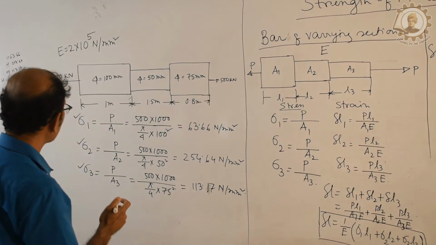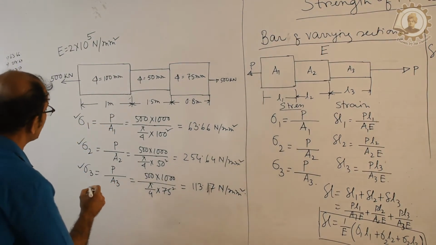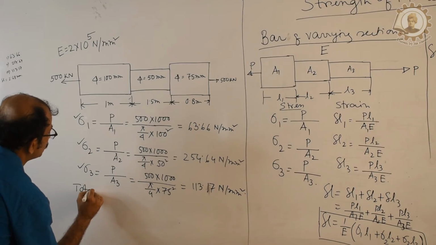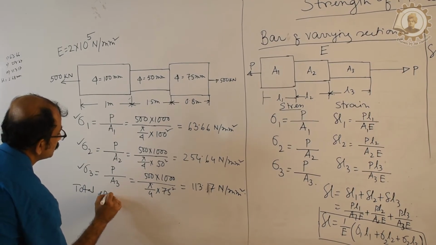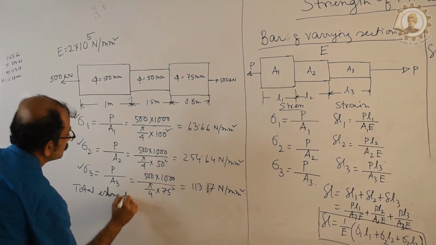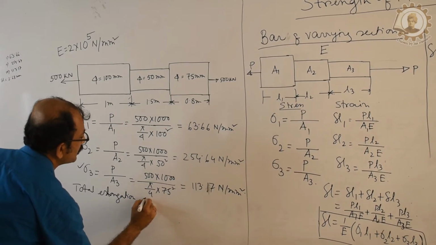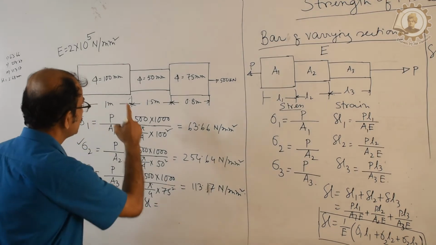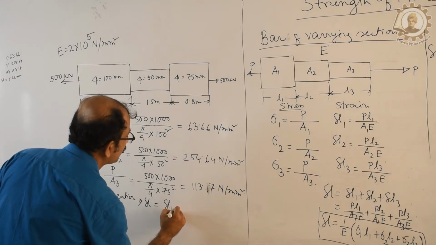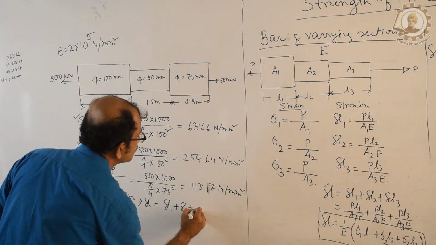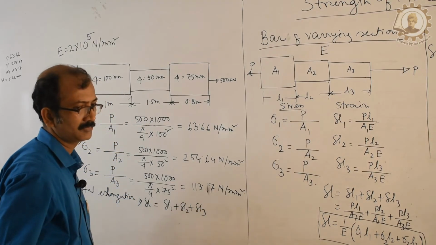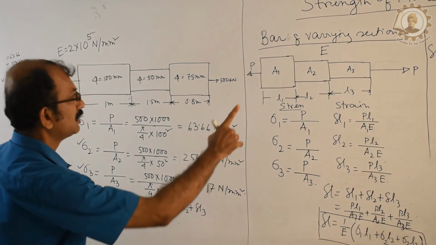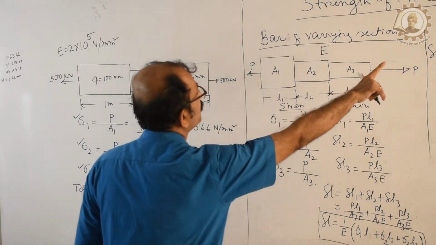Now another thing we have to calculate is the total elongation. So del L. As there are three parts, that's why del L1 plus del L2 plus del L3. This will be the elongation. Apply this simple formula, PL by AE.